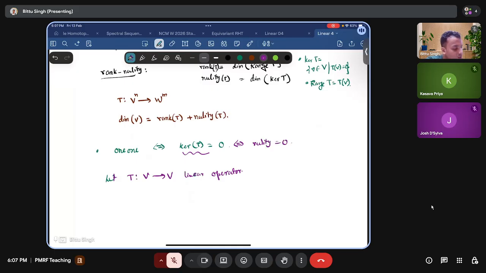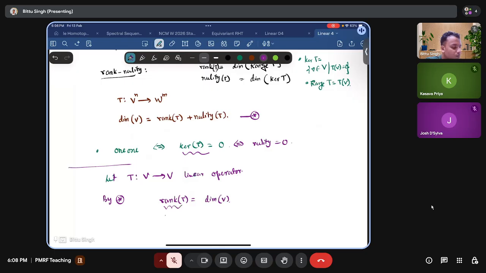But since nullity is 0, by the rank nullity theorem, rank of T is the same as the dimension of V. But what is the rank of T?